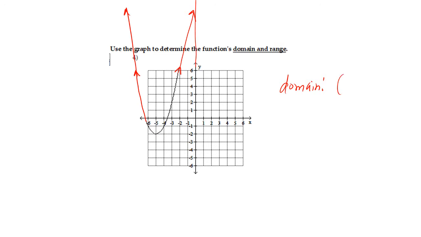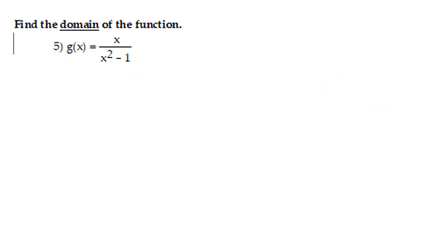So the domain would be -infinity to +infinity, and those are all the x values. The range is going to be the y values. Now if you use the y-axis as a measuring stick, there is a lowest point down here that corresponds to -2. However, there is no highest point on this parabola, so I will say that continues on to infinity.